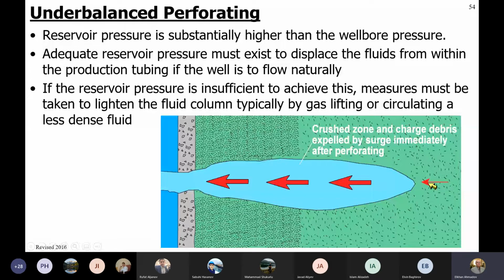As we perforate, because of the pressure difference, or pressure drawdown, the fluid from the reservoir will flow into the perforation tunnels and clean them of the perforation debris, the crushed materials, etc. So we get very clean perforation tunnels, and this works very well when we produce the well with clean perforations.